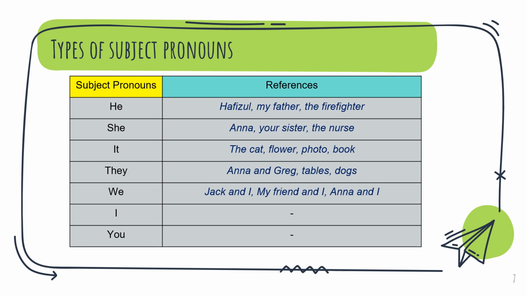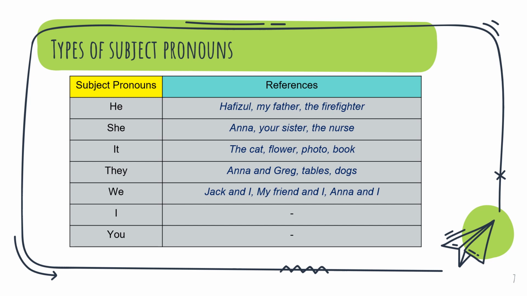For example, he: sometimes they use references like Hafizul, my father, the firefighter. You can use these references in your sentences, but in case you don't want to use the references, you can still use the subject pronouns.